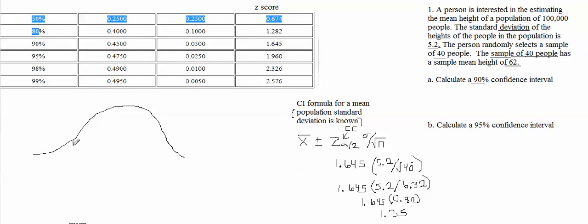So let's take a look at this graph for a second. Let's imagine that 90% of the samples are between these 2 points.